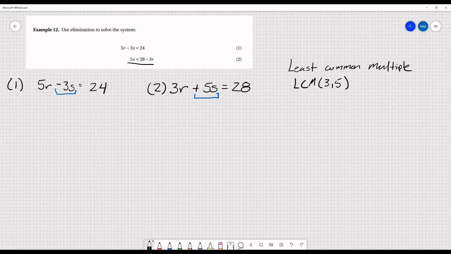And since 3 and 5 are both prime, the least common multiple will simply be their product. So it's 15. All right, what do I need to multiply 3 by to turn that into a 15? How about 5? And multiply equation 1 by 5.